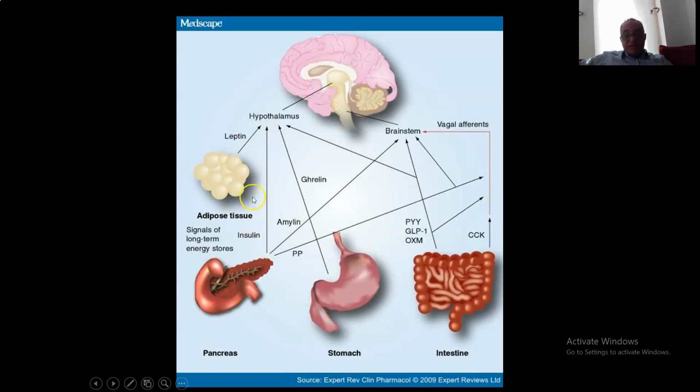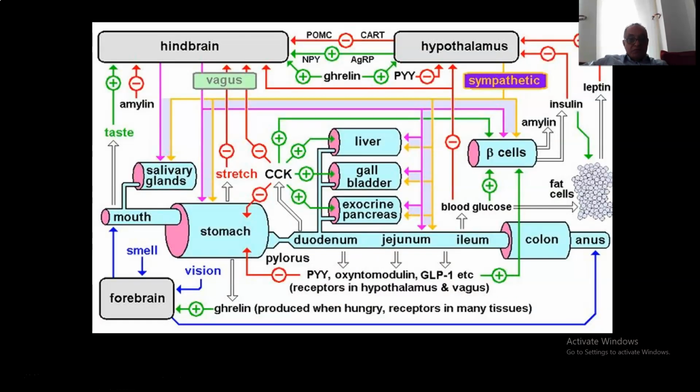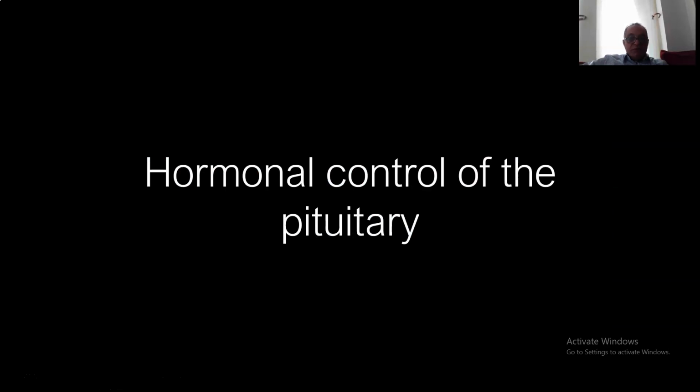The pancreas, the insulin, we have glucoreceptors on the hypothalamus, and the intestine, as we said, the PYY and other materials. You should not go through details, but you should know that the hunger and the satiety centers present in the ventromedial nucleus of the hypothalamus, as we said, have feedbacks from different parts of the body. Very complex, forget about it.